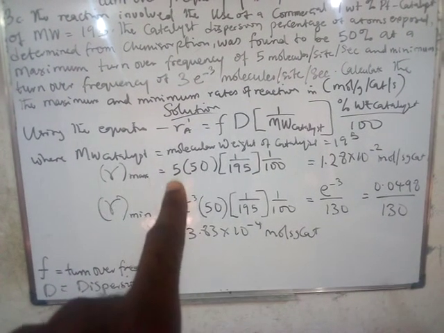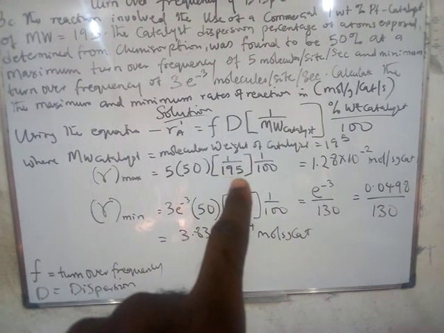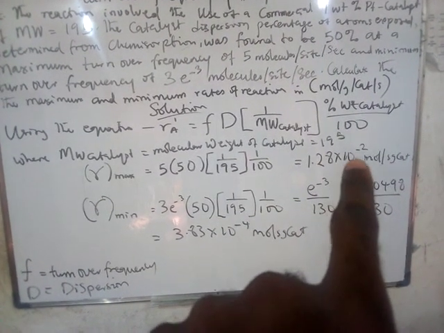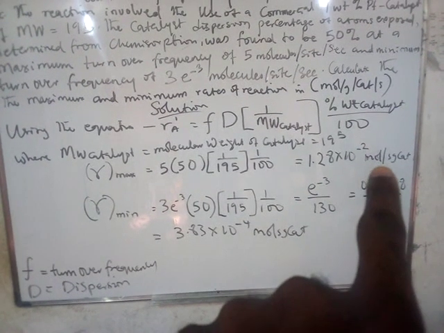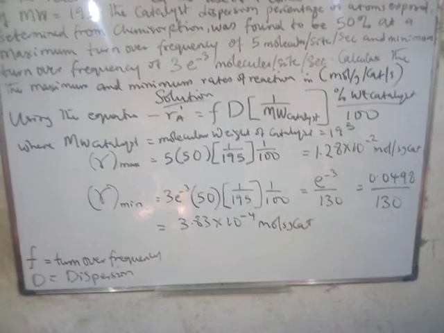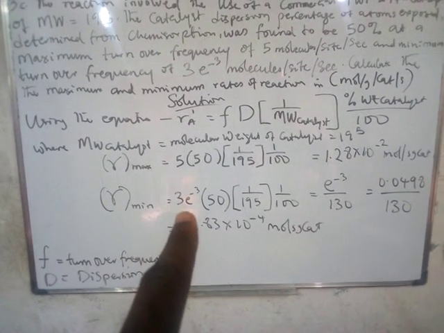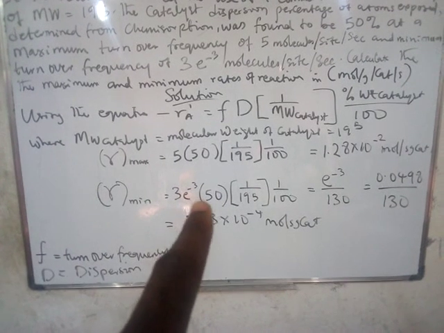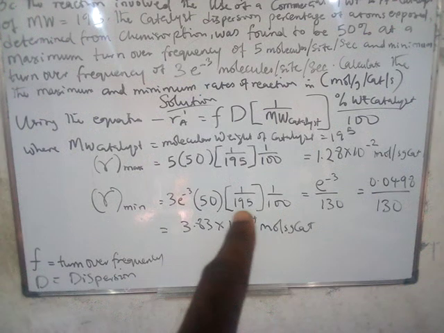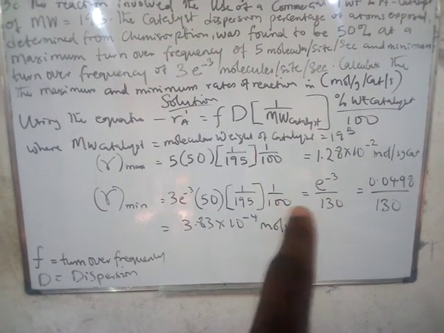If you substitute everything, you get 5 times 50 times 1 over 195 times 1 over 100, to give us 1.28 times 10 to the power minus 2 mole per second per gram catalyst. We'll do the same for the second one: R minimum equals 3 times e to the power minus 3 times 50 times 1 over 195 times 1 over 100.